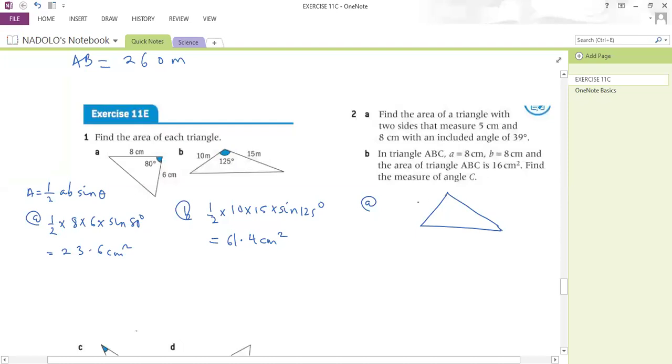So if this is 5 centimeters and this is 8 centimeters, and you have an included angle of 39 degrees, you can comfortably use the formula half times 5 times 8 times sine 39 degrees. Do this using a calculator and you will get your answer 12.6 square centimeters.